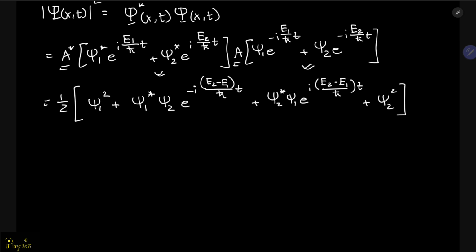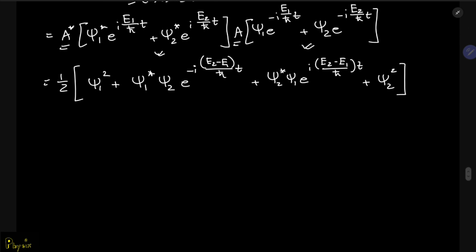All right. Now recall that in the infinite square well, the stationary states psi n were written down as the square root of 2 over a, sine of n pi x over a, where n is the energy level where your particle is at.